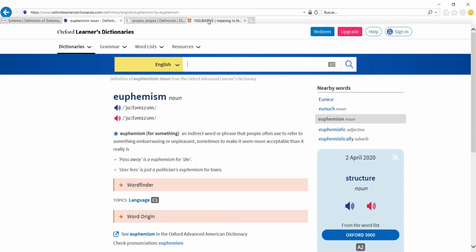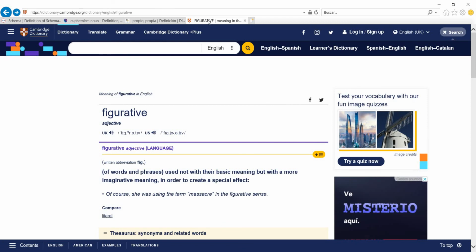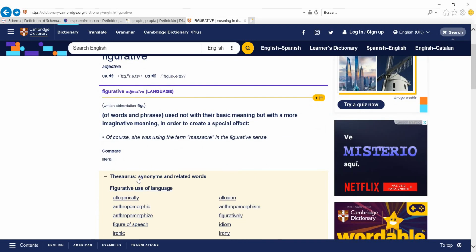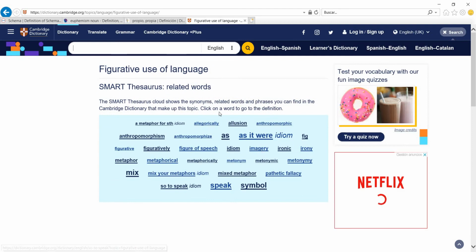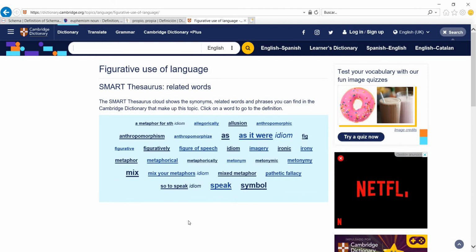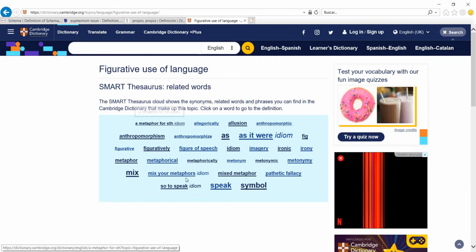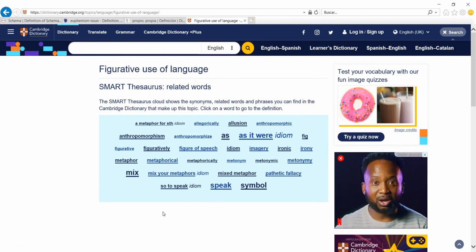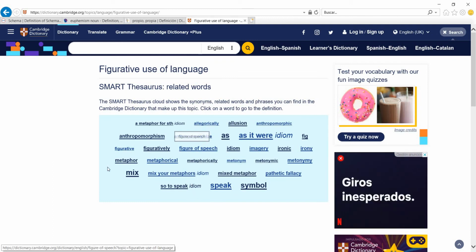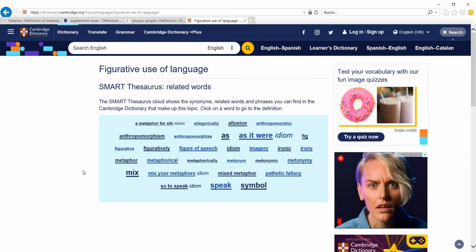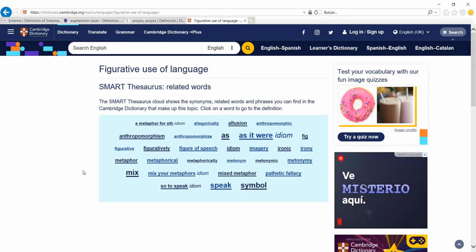Okay, I would like to leave you with the entry from Cambridge Dictionary for figurative, and here you get the thesaurus, the synonyms and related words, but if you click figurative use of language, you go to this beautiful box that they give you, and you will find, for example, metaphors, and figures of speech, in which you will find other expressions that are really important, right?